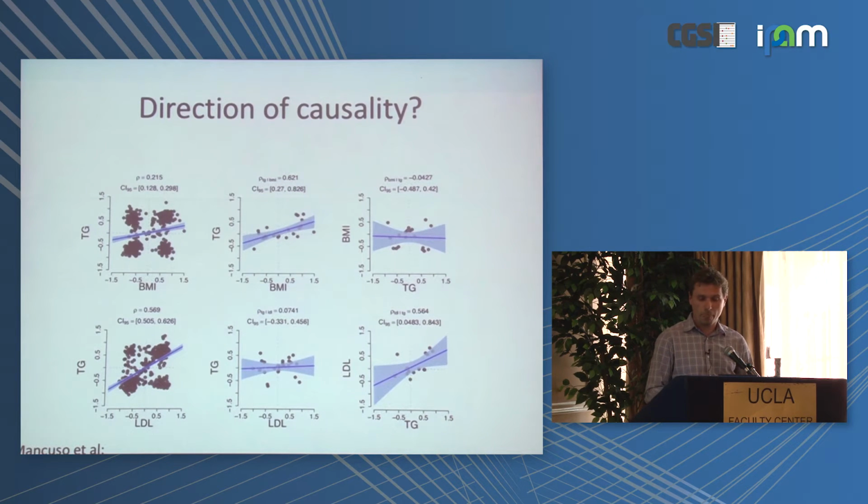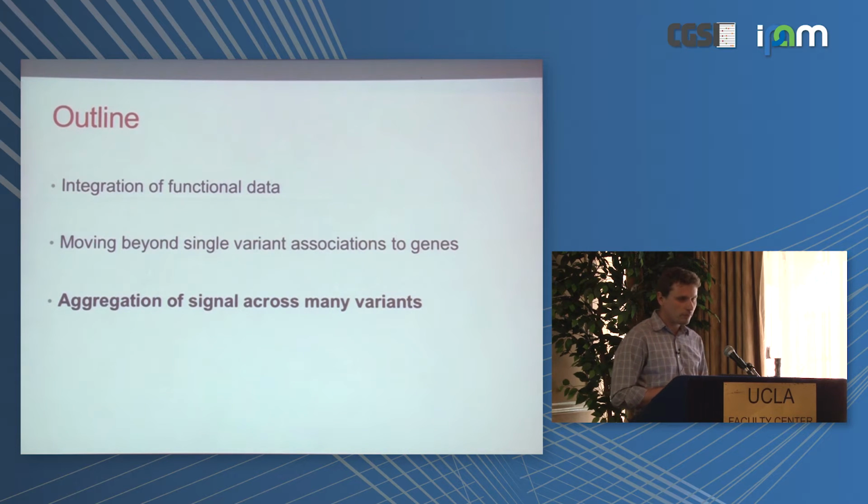All right, so in the final part of the talk, I'm going to shift gears a little bit and try to move towards aggregating this type of signal, not through the lens of gene expression, like I was showing you before, but just in an unbiased fashion, okay? So how can we take multiple variants and just add them up together without having the gene expression as weights there, okay?